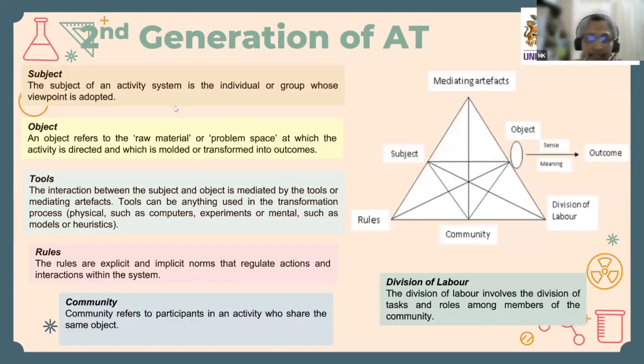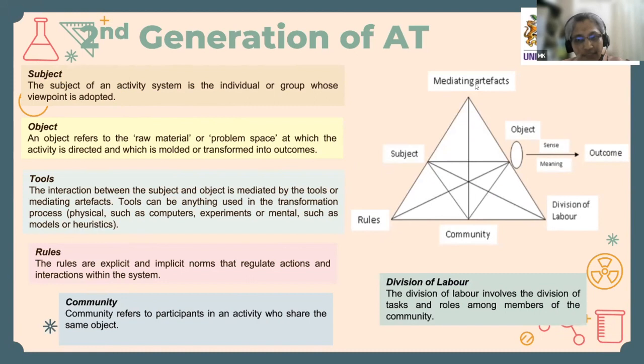Okay, so what is subjects? Subject here is, so we have used the second generation activity theory to implement green chemistry. So subjects in our context are the students or the individuals who will be participating in the study. The object is the objective of their participation, the objective of engaging with the artifacts.